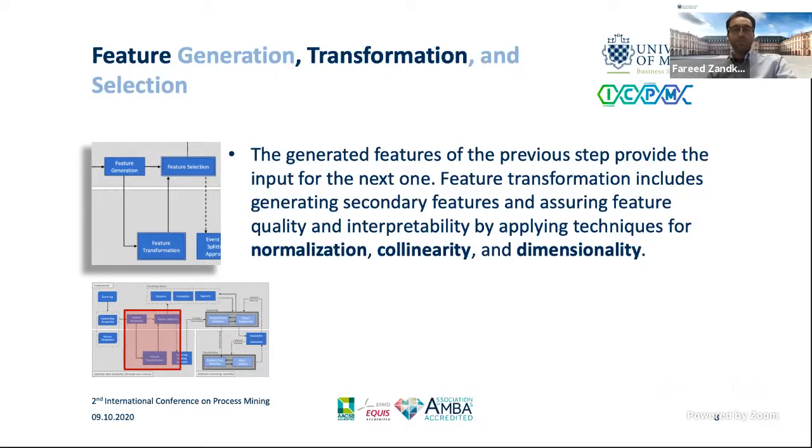Normalization ensures the comparability of features. Collinearity checks for redundancy, that is, eliminating identical or similar features. Dimensionality ensures a certain degree of richness. So multiple versions of one attribute exist in the final pool of features. So if feature selection removes, for example, a certain attribute, not all information is lost.